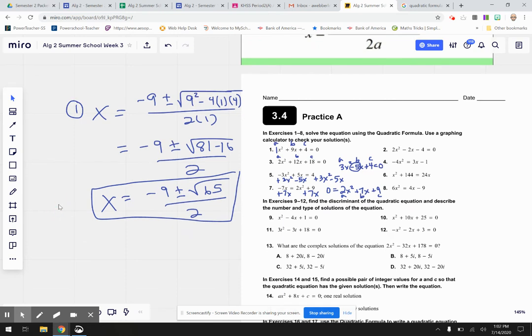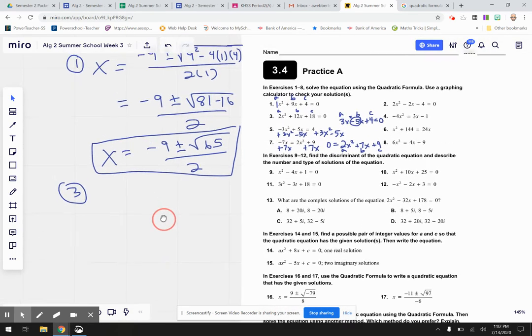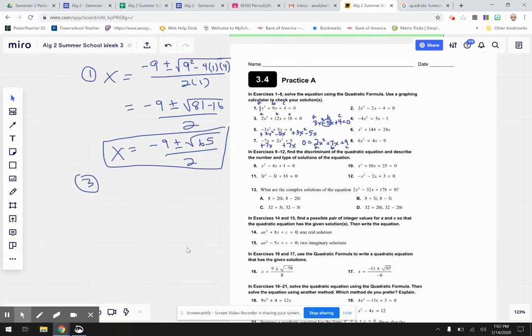Let's look at the 3, because I'm just doing the odds. You're going to go back and do the evens. Okay, so 3. Let's move it up a little. We've got x equals the opposite of b.